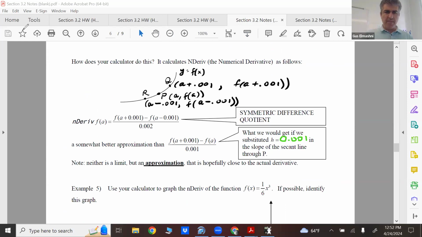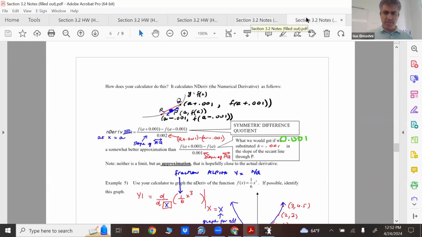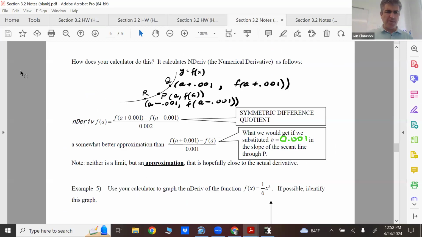I think you just get the slope of PQ, right? That's just a weird question. What would you get? Yeah, just the slope of PQ. So again, it's just close enough to the actual derivative. Does that make sense?